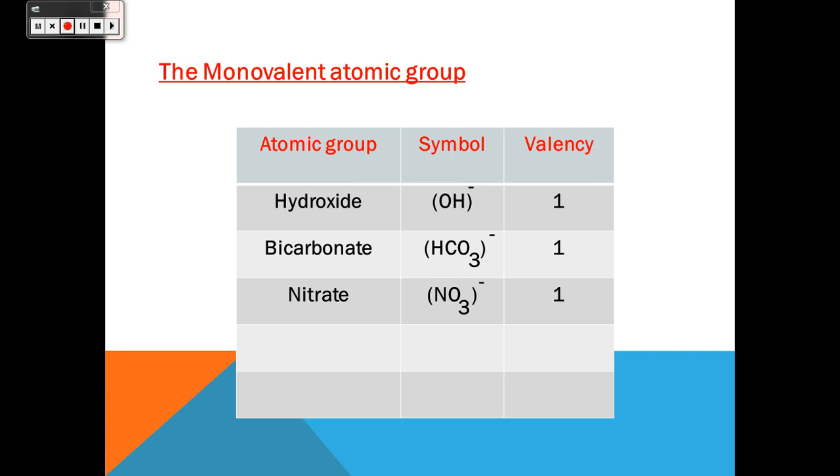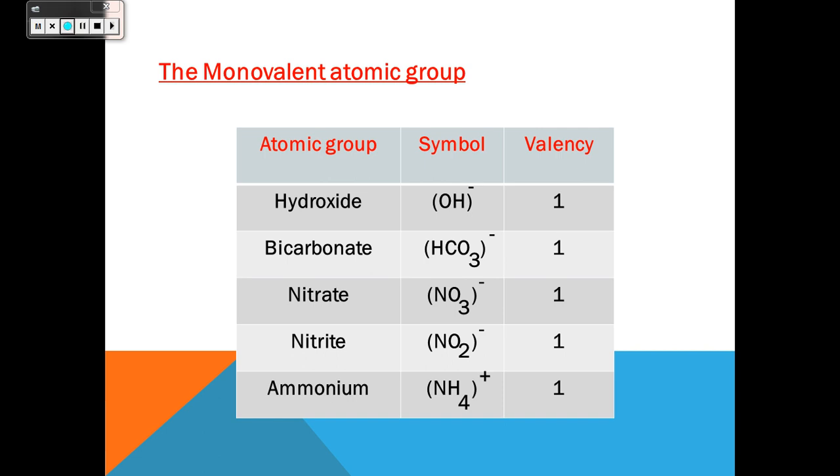And we have here nitrate. Nitrate is NO3. It consists of two different elements, nitrogen and oxygen. They join together and behave like one atom, and it has its own valency, 1. And also nitrite. Nitrite is NO2. It consists of two different elements, nitrogen and oxygen. They join together and behave like one atom, and the valency of nitrite is 1.